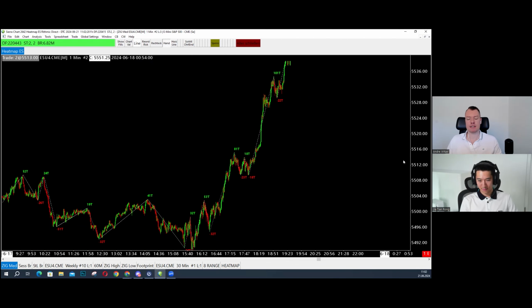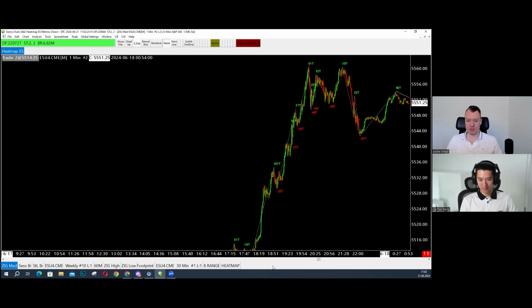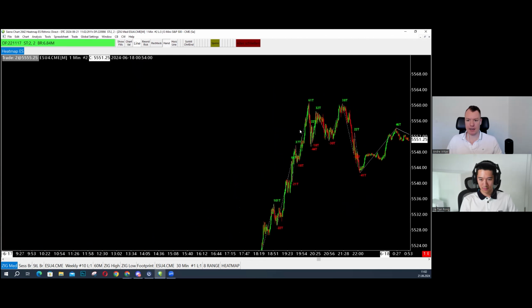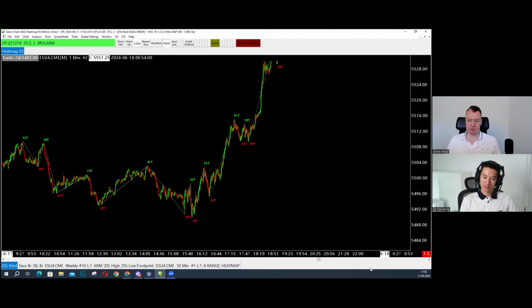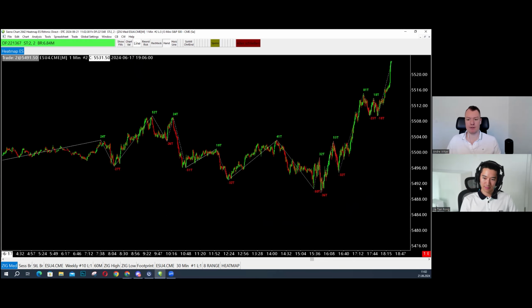The first thing in our analysis is that we zoom out. This is very important. We zoom out to the maximum value here, and I see the candles are now very, very small. Why do we do this? Because in the 1-minute chart, we see the movements very clearly.